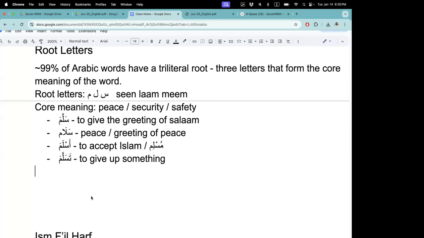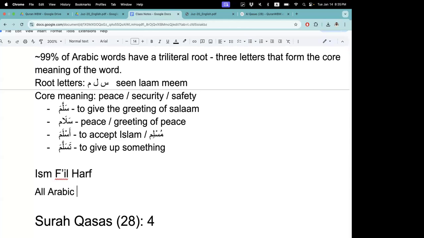Okay. So this is the idea of root letters. The last idea is ism, fi'l, harf. Do you remember I said all Arabic words in the Quran can be categorized as one of three.